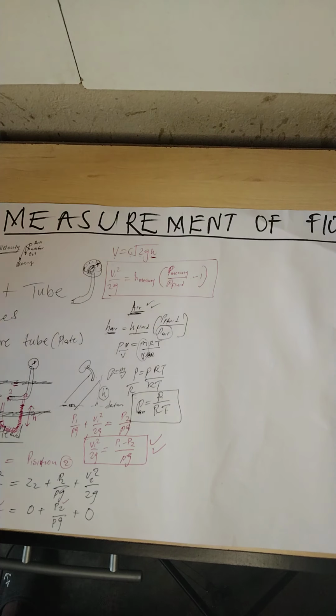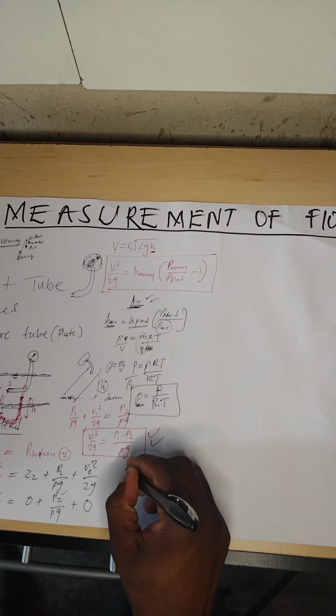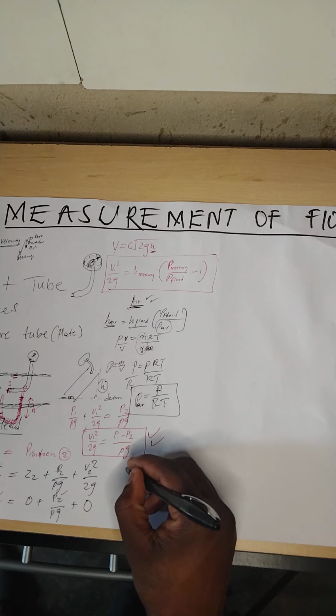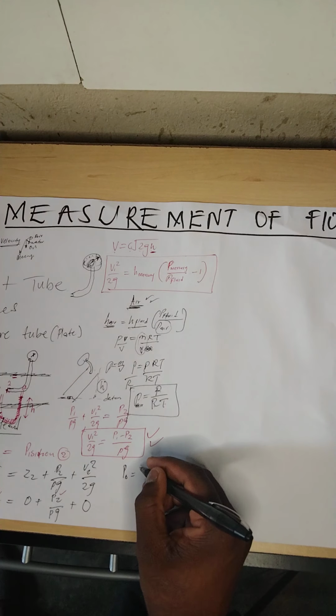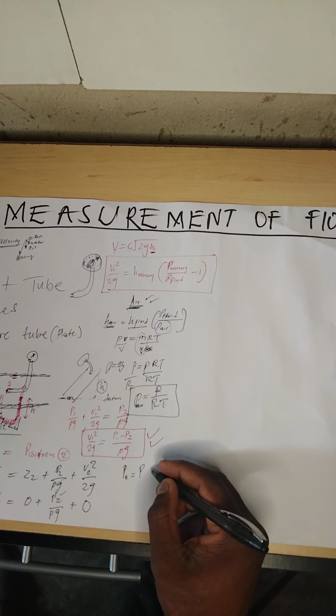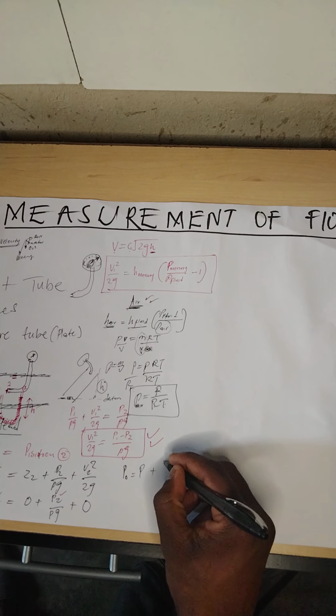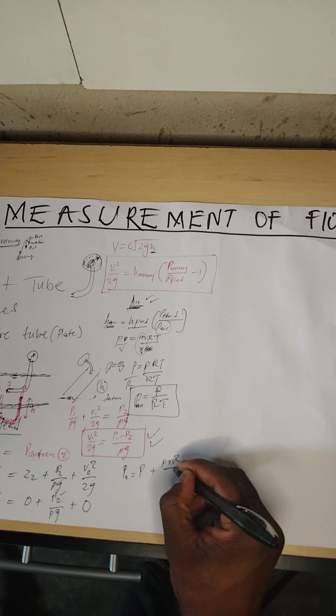All right, another equation that we need to look at on the pitot tube is this one. The stagnation pressure, P0, equals the pressure in the pipe plus density multiplied by V squared over 2.